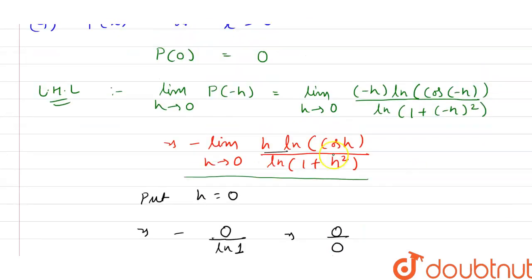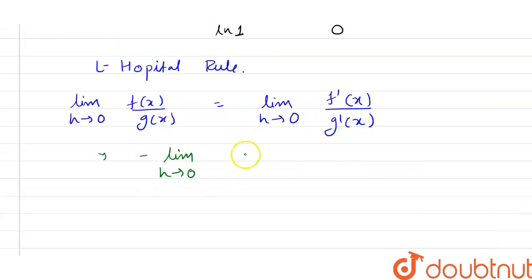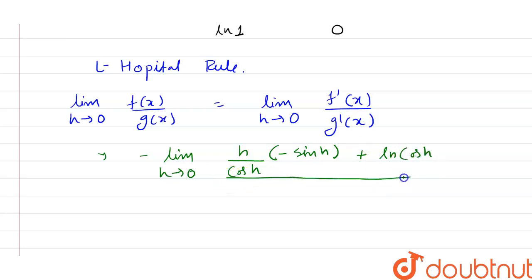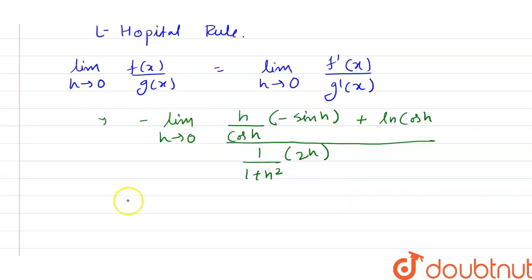Now if we differentiate the numerator, again using the chain rule, this is h upon cos h into the differentiation of cos h, which is minus sin h, plus ln cos h, upon 1 upon 1 plus h square into the differentiation of h square, which is 2h.